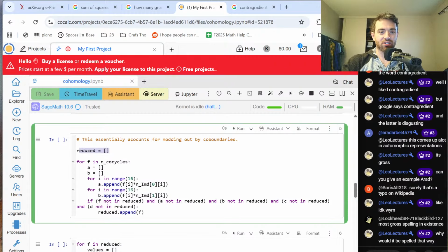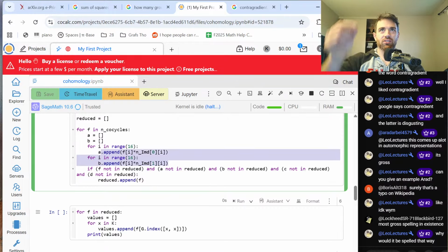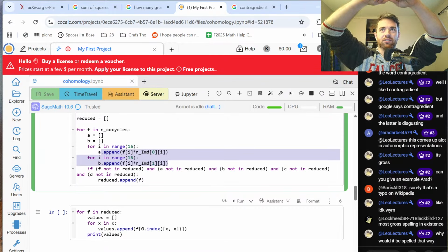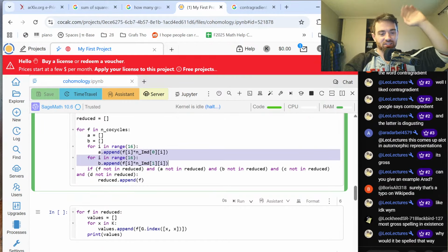So I take these f in n co-cycles, and then basically I append f to this list, unless you can find something in the image, so that its difference lies in the image.